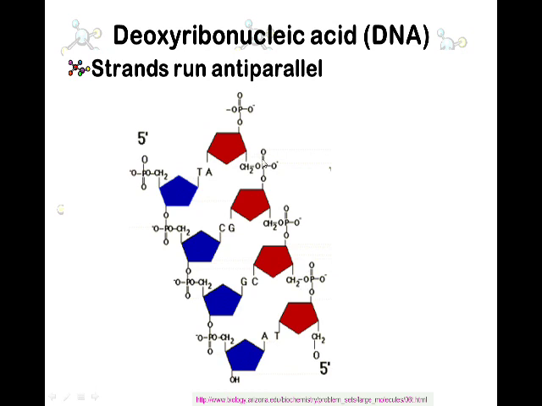If you look at how it goes together to make the ladder, the matching strand on the other side runs in opposite directions. So here's my number 5 carbon here, and here's my number 3 carbon here. They run opposite directions, anti-parallel. So the 3' end of this molecule ends up together with the 5' end of the matching strand. They run in opposite directions. And that's important when we talk about replication and copying DNA. We're going to get to more about that in our DNA chapter.